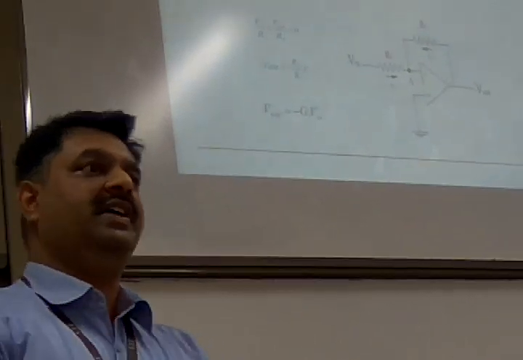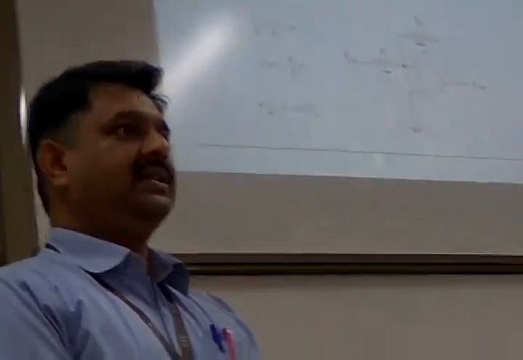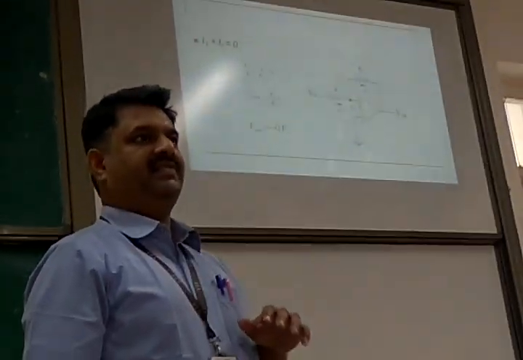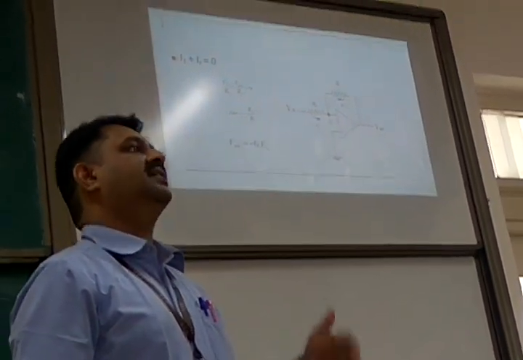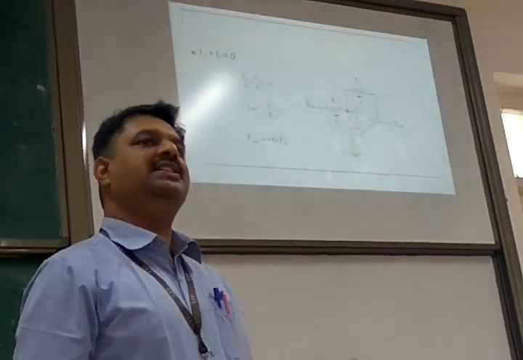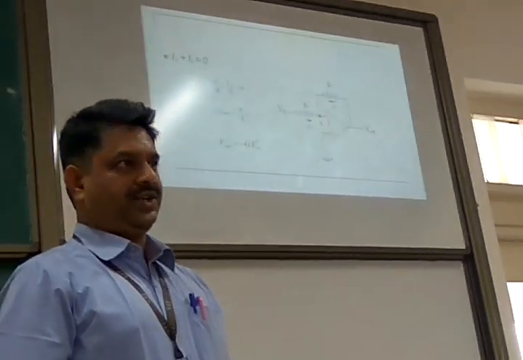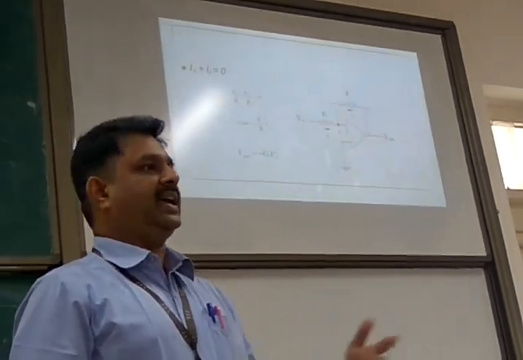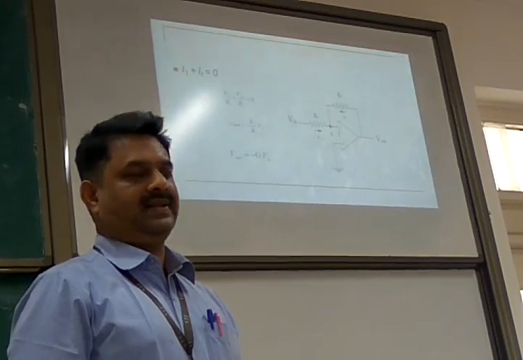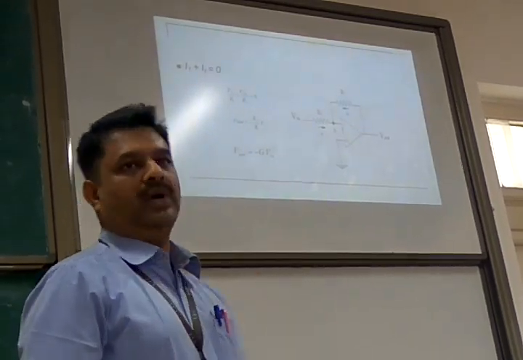V out, the output voltage, is some factor, a ratio of two resistances, times V in. If I can manipulate that ratio using resistors, I can manipulate the input voltage.